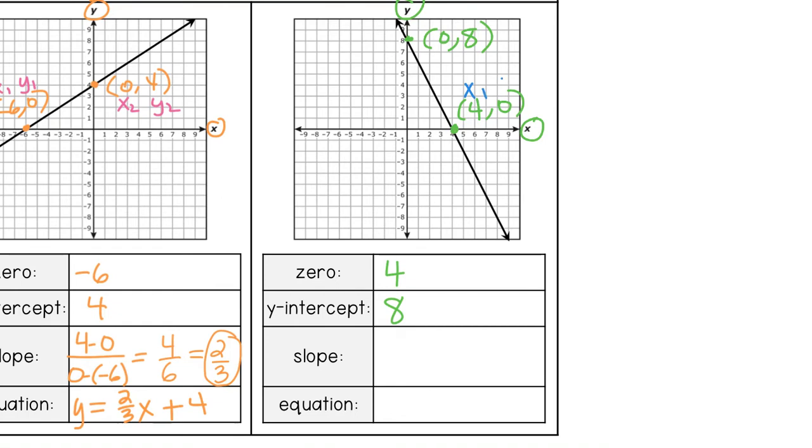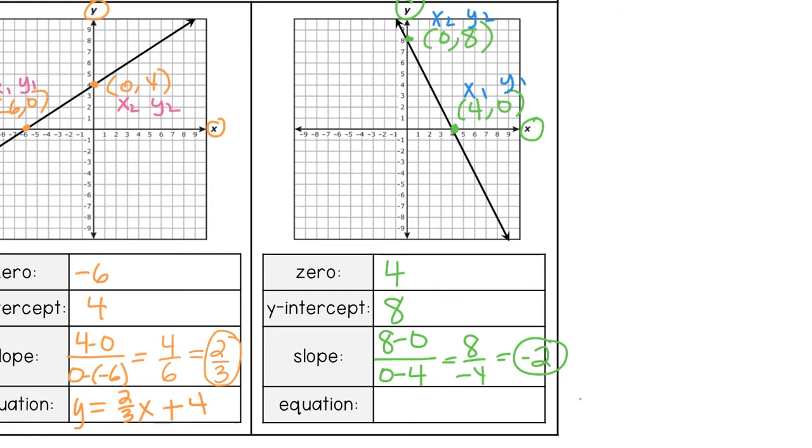This can be x1, y1, x2, y2. So let's plug them in. So starting with 8 minus 0 over 0 minus 4. That gives us 8 over -4, which simplifies to just -2.